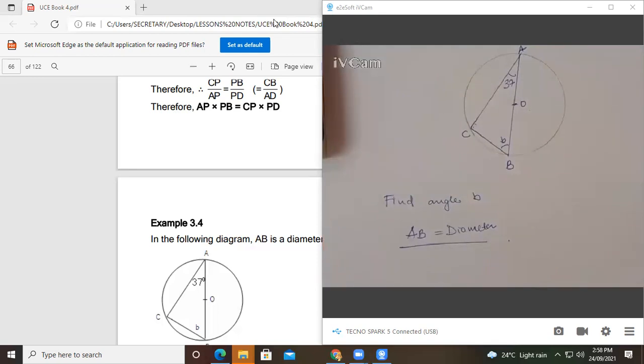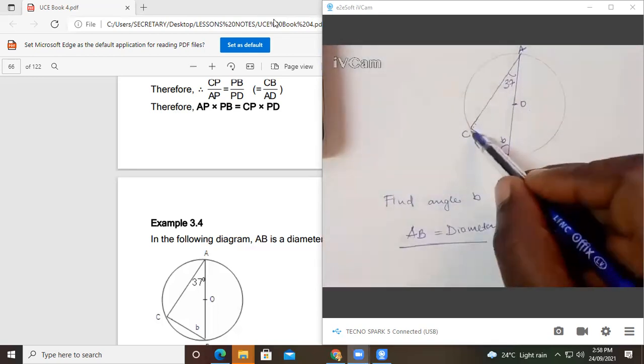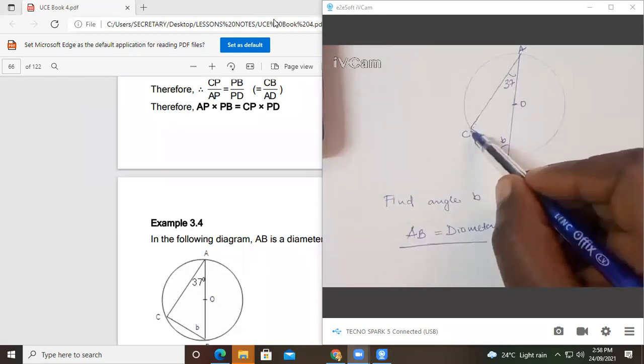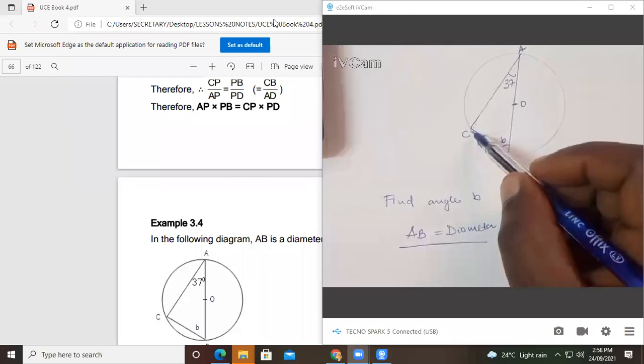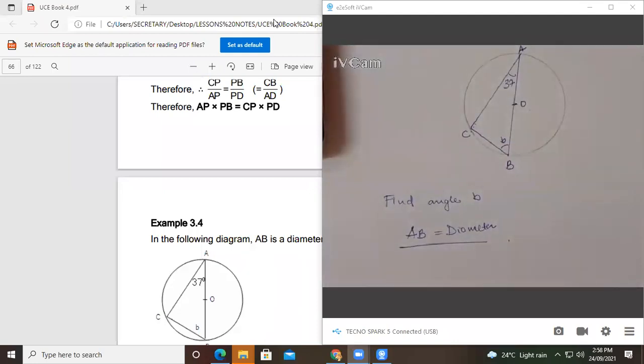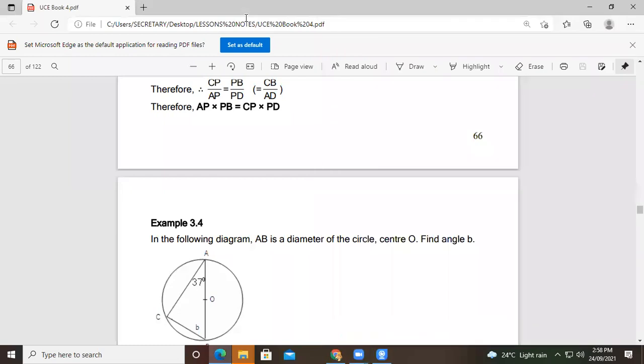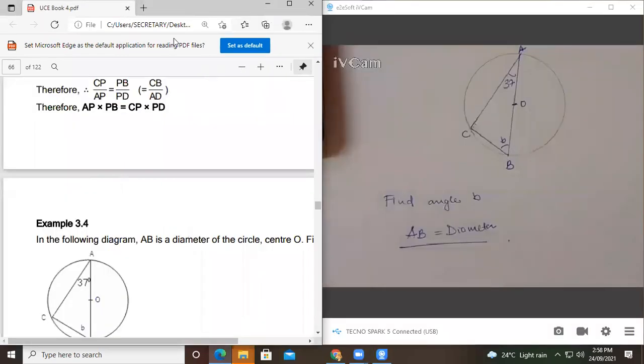Members, are you there? Sherry, which angle is here at point C? Which angle is there?